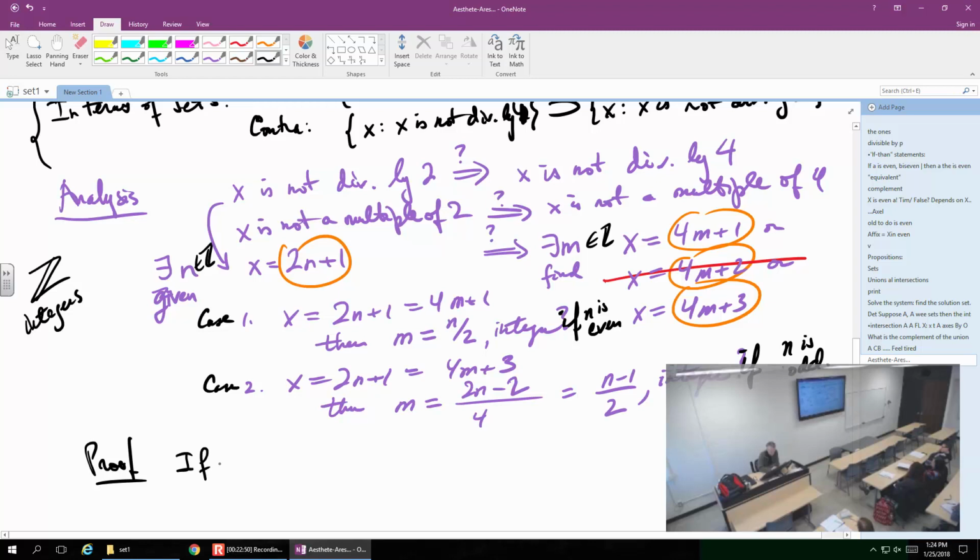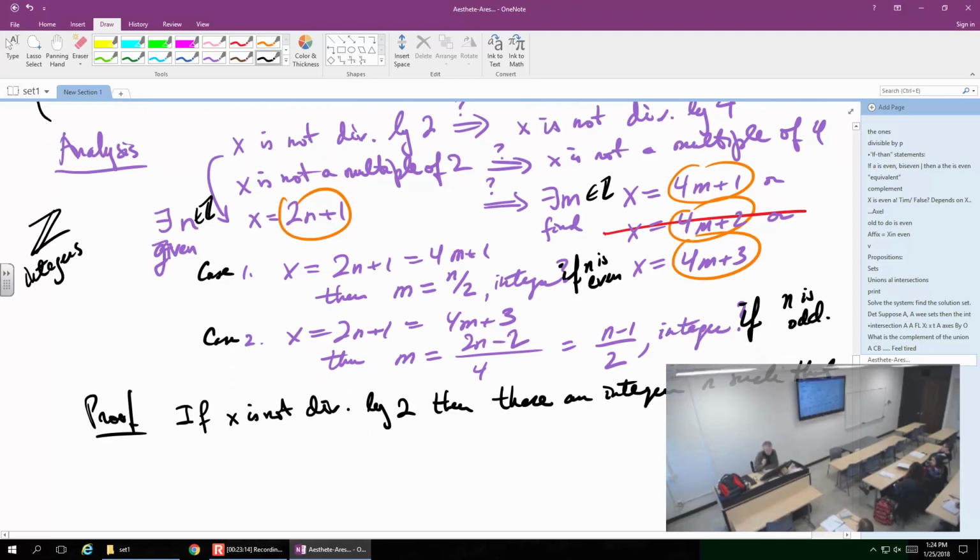So if x is not divisible by 2, then there is an integer n such that, okay, once again, this logical writing is here, but I could put it in a more essay-like text. So such that x is equal to 2n plus 1.